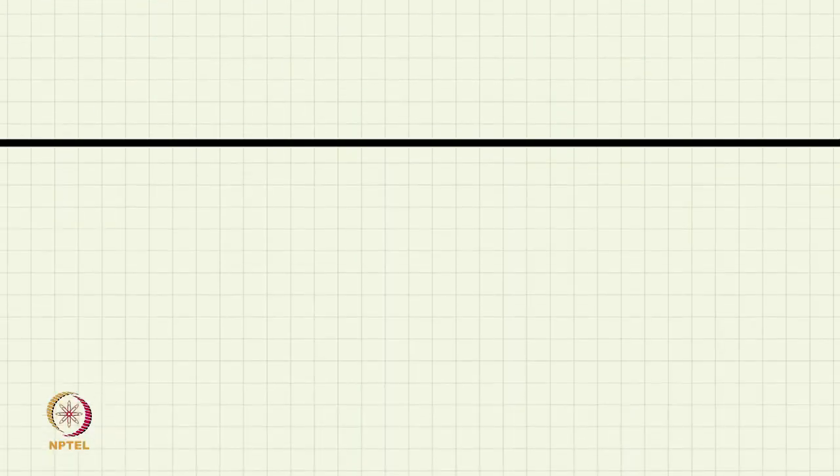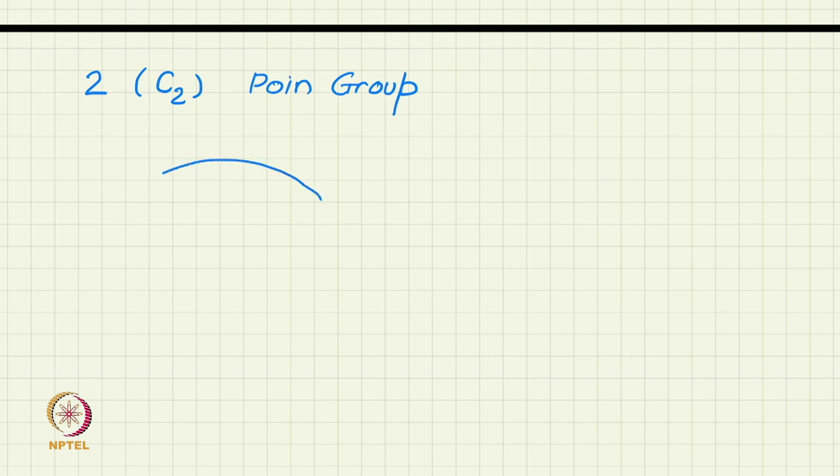So, let us now come to the next group, which is the next monoaxial proper point group, point group 2, or in Schoenflies notation C2. So, 2 stands for a two-fold rotation, that is a rotation by 180 degrees.